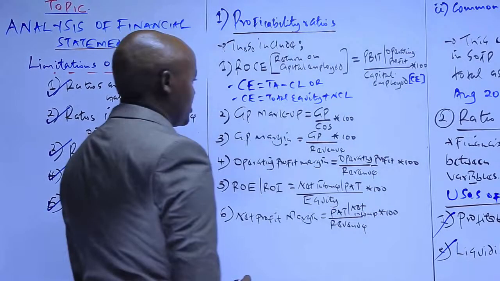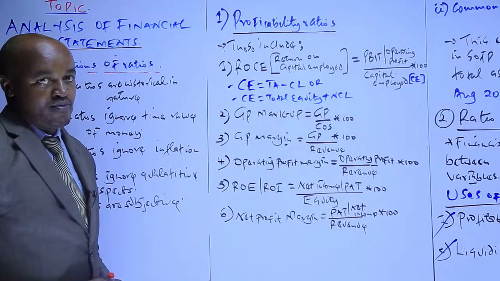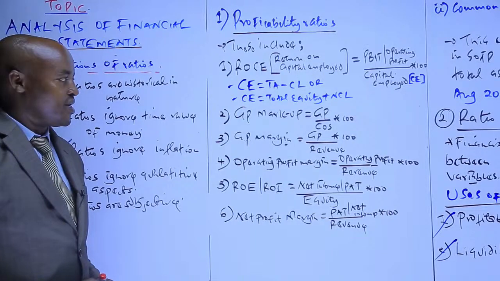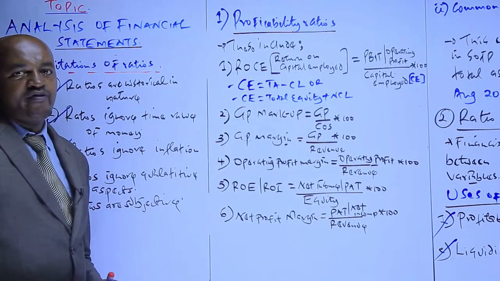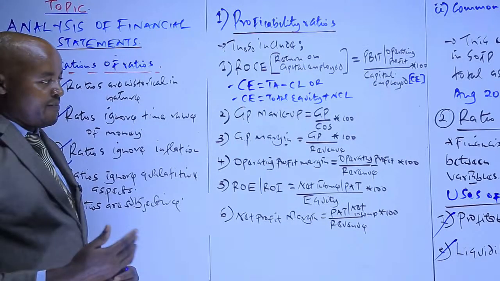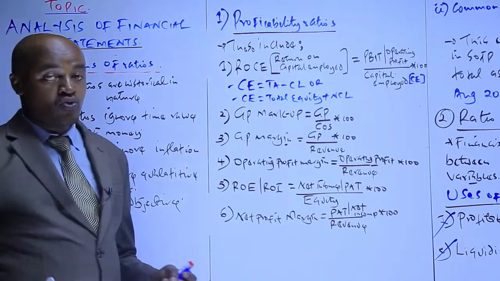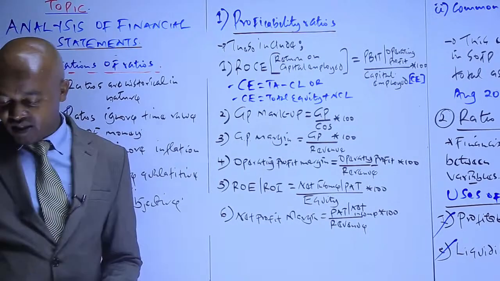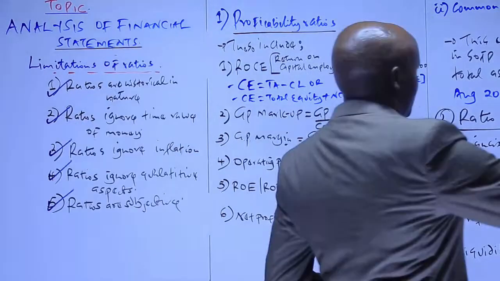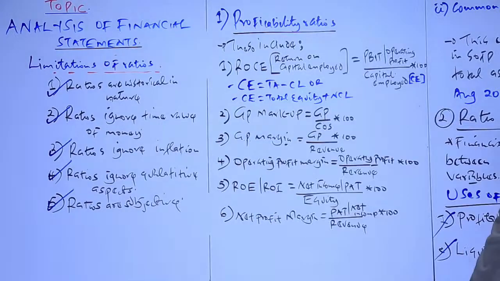So therefore, these are some of the profitability ratios which may be computed by the company purely to evaluate how the company is performing. And you have said that the company performance will be directly related to the performance of the company's management.